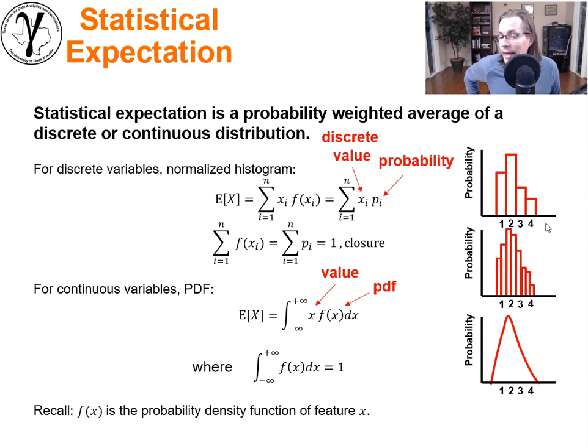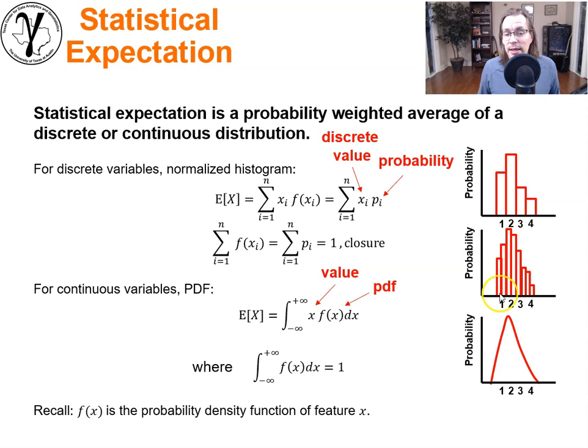Or it could be a continuous property like this distribution shown right here, where we have a continuous range of possible outcomes, but we have a normalized histogram. We binned up the range of possible values, and now we have these bars, and each one of them represents the probability of being within each one of these equal-sized intervals along the range of possible values.